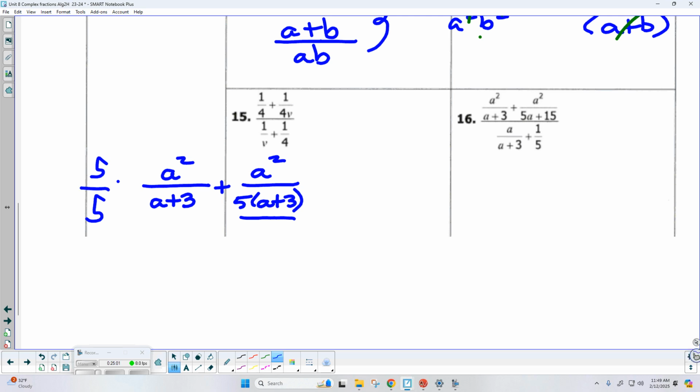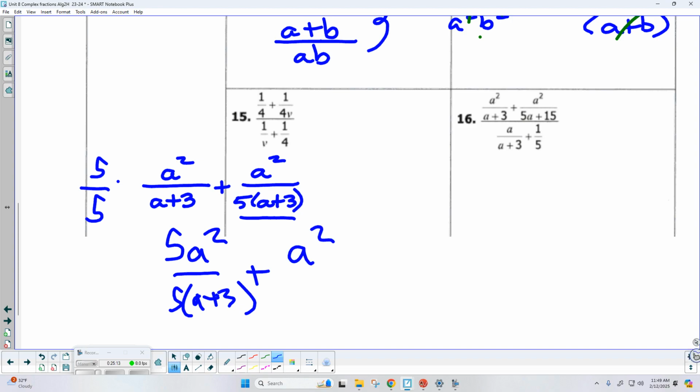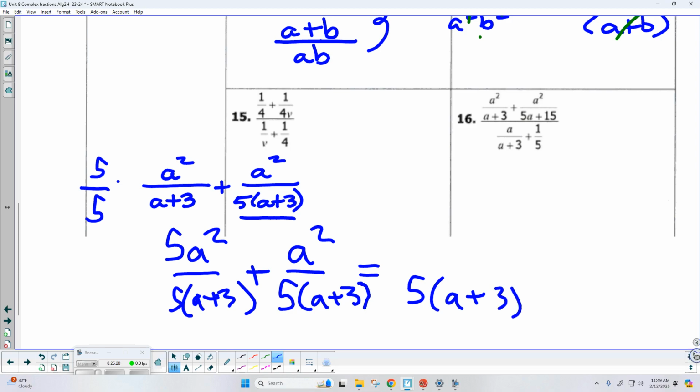So we only have to multiply that one by 5 over 5. So 5a squared over 5 times a plus 3, and this will stay the same, so 5a squared plus a squared.